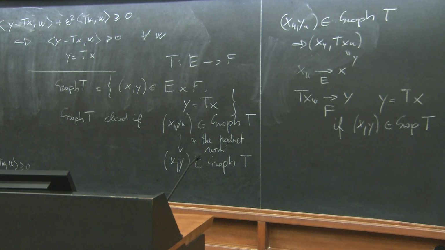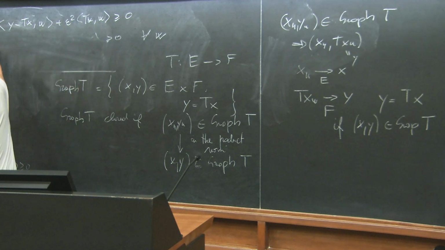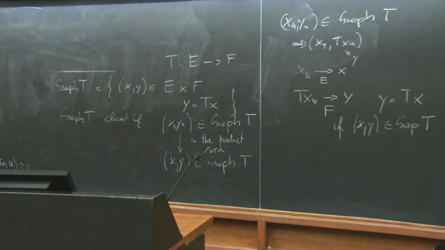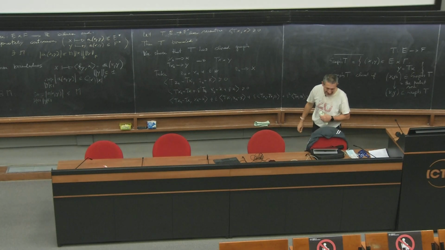Okay, then there is another one of the same structure, and we are not going to solve it because it's completely similar. Well, it's not even completely similar. It's even easier.